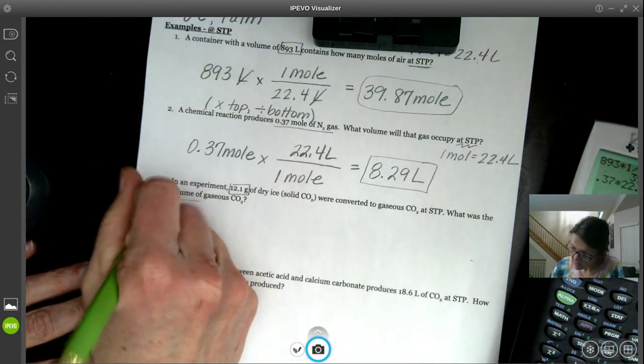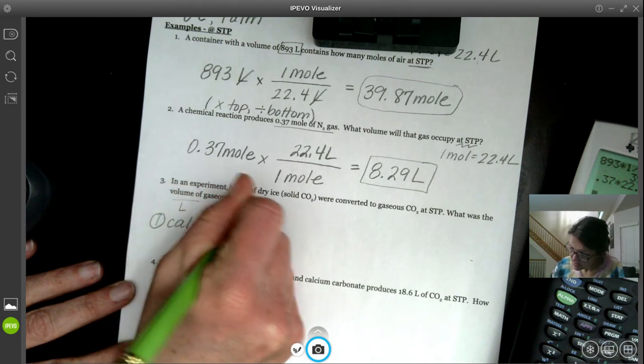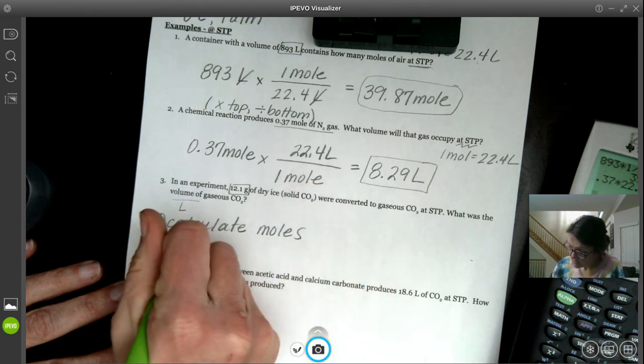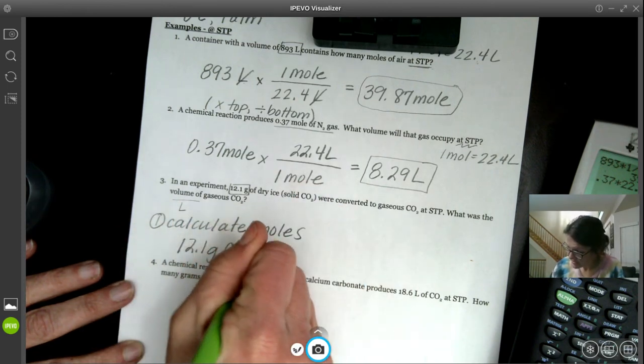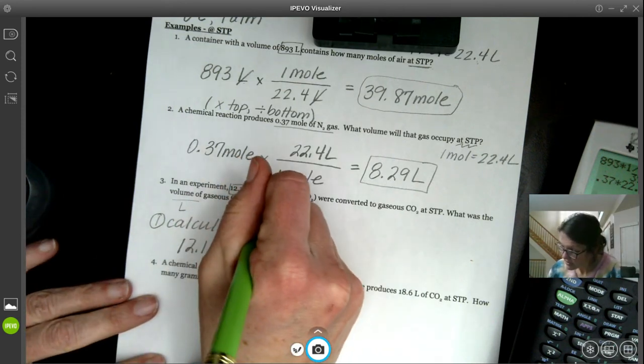So step 1, we're going to calculate the moles. We're going to start with 12.1 grams. And again, we're doing carbon dioxide, so that's CO2, right? What do we have to know about CO2 in order to convert grams to moles? Well, we have to know its molar mass.